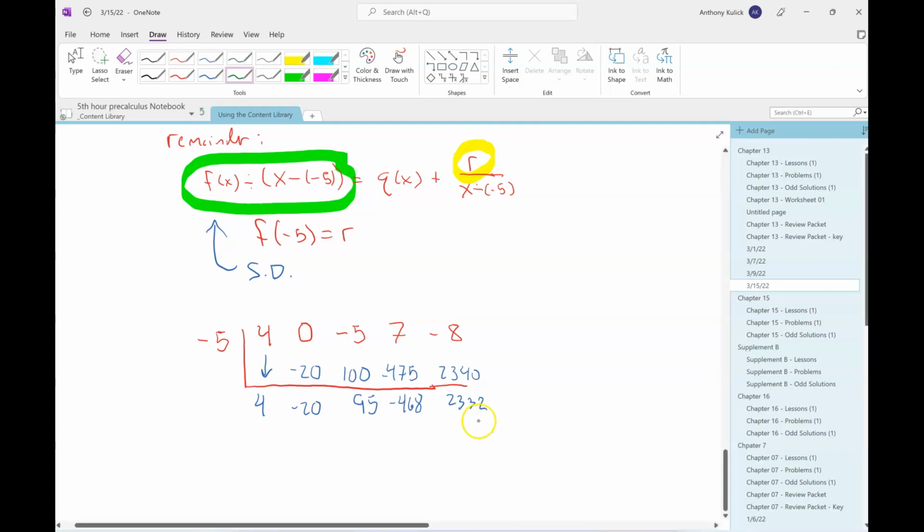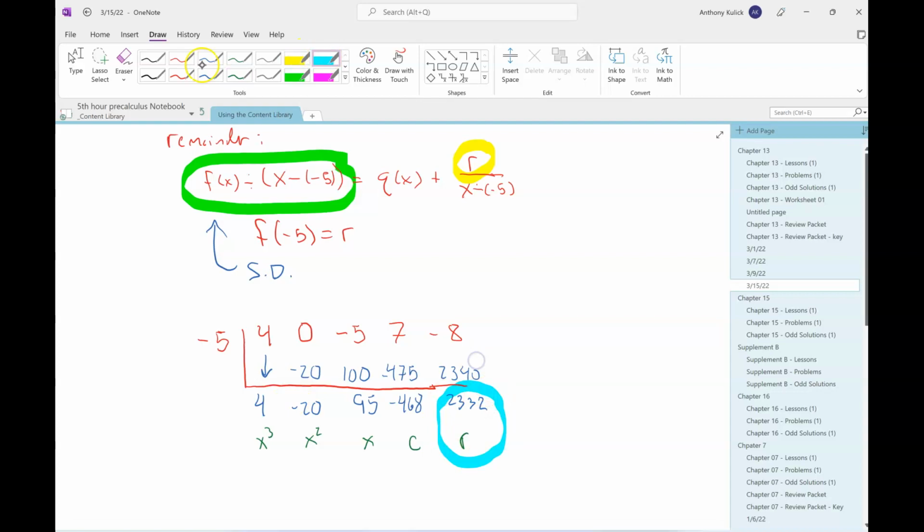So remember these numbers at the bottom of my synthetic division. This is the remainder, the constant, the coefficient on x, the coefficient on x squared, the coefficient on x cubed. But for our problem, all we really need is the remainder.